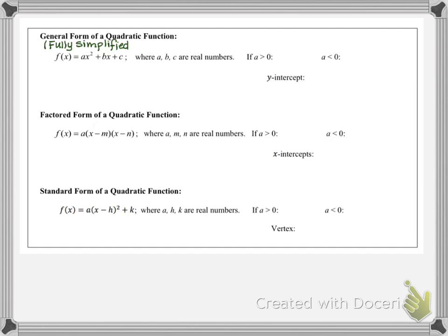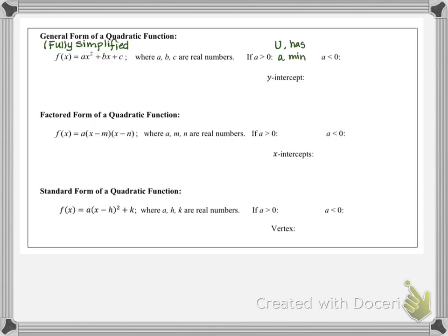And if A is positive, so that A, B, and C, it's like the same A, B, and C that we used when we did the AC method to factor these guys. So A is always the coefficient of x squared. If A is positive, we said that the graph opens up. And so it has a minimum.